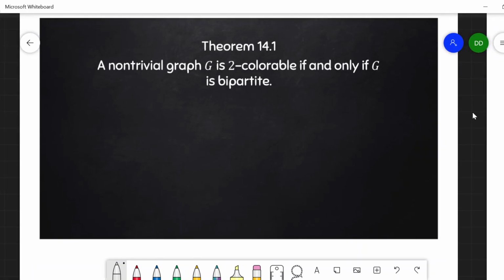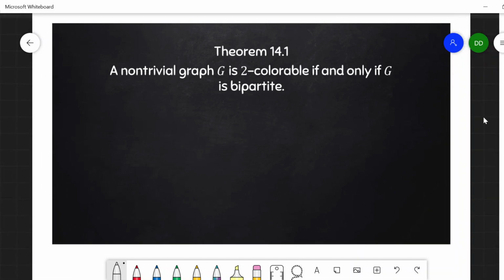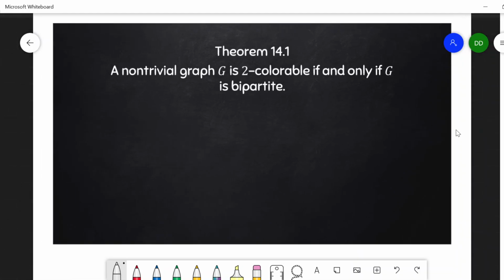So we can see this as a connection back to the concept of bipartite graphs, and we can also see this as a determination of the family of graphs that are bipartite graphs. So a non-trivial graph is two-colorable. It means I can color it with two colors.